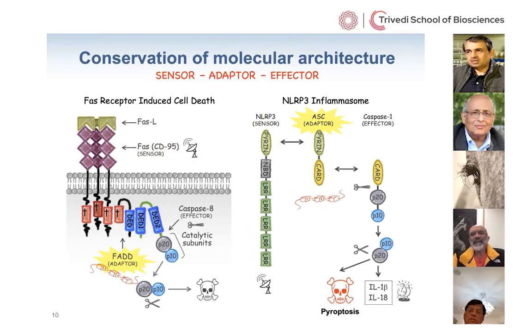And this bridging adapter allows the sensor to communicate with the effector. The effector for the death receptor is the death protease caspase 8. And for inflammation it is this protease caspase 1, or interleukin-1 converting enzyme, which is going to convert IL-1 beta and IL-18. So the architecture of these molecular assemblies can be thought of as a sensor, adapter, effector.